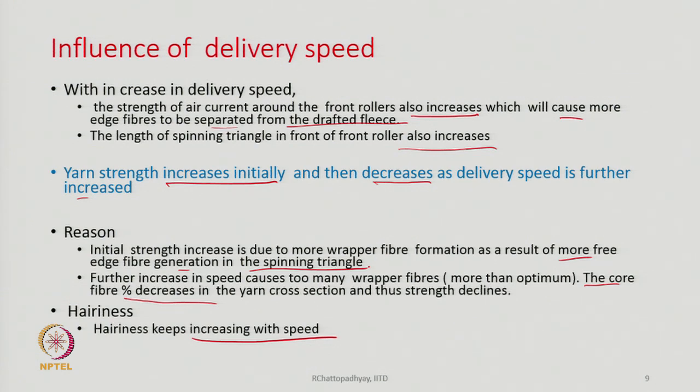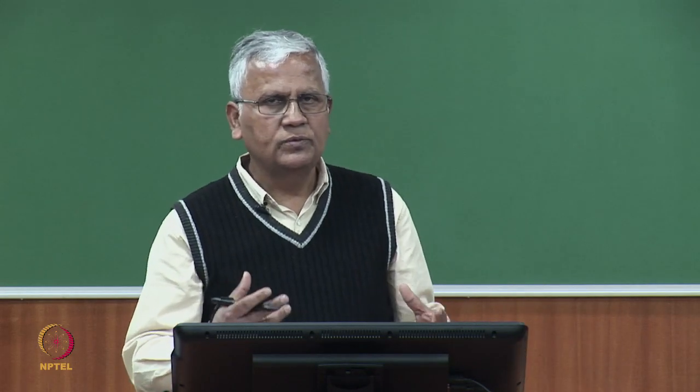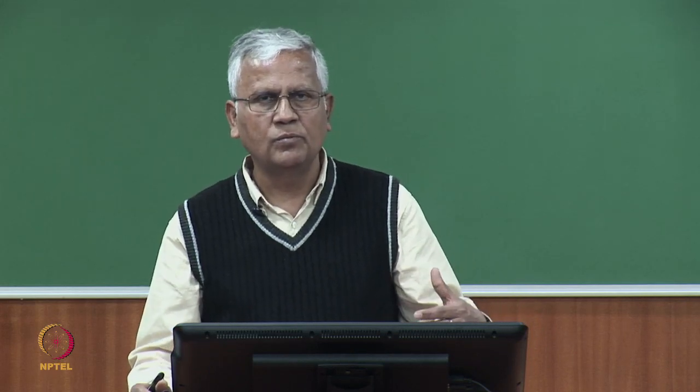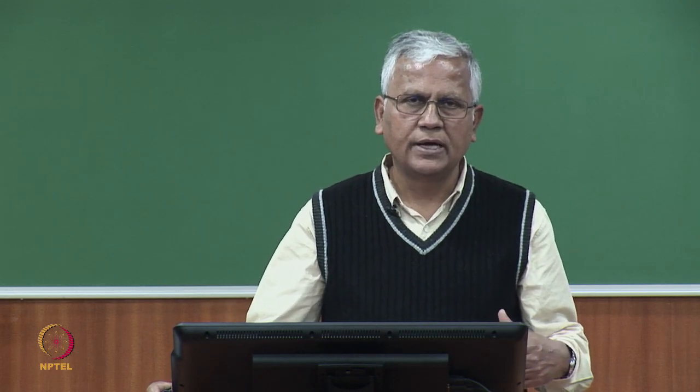People have categorized the wrapper fibers in different ways. Some wrappers are very nice, some are a little bit wild in nature, some are very haphazardly placed in both S and Z directions, some are loose, some are tight. So, loose wrapper fibers are basically an indication that the ends of these wrapper fibers are likely to form projecting ends, that is, they will be forming hairs. So, therefore, hairiness is going to increase.